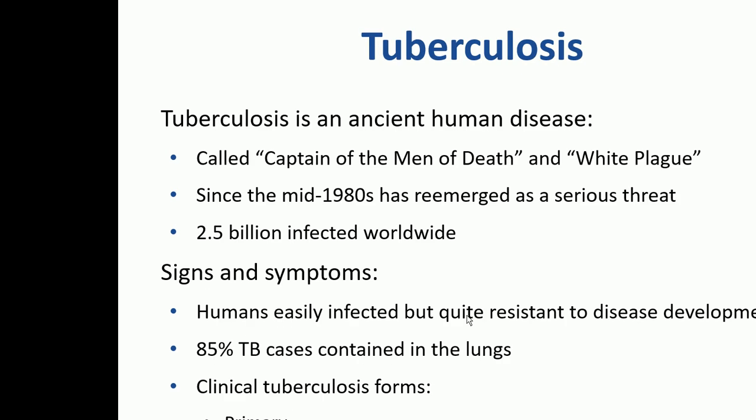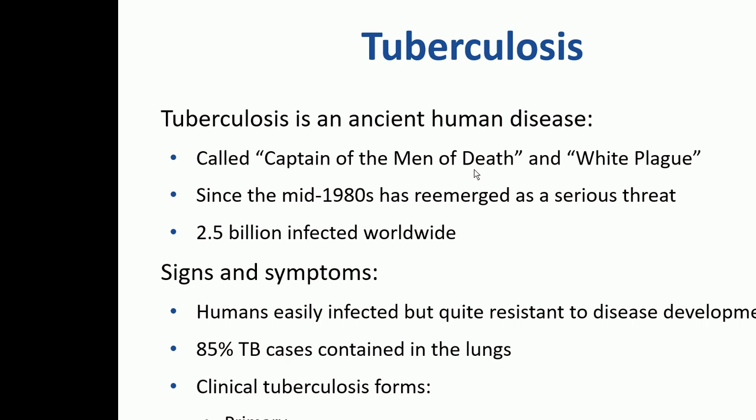Okay. Next disease is tuberculosis, and this week there is a case study also on tuberculosis. So tuberculosis basically infects our lungs, but it can go out of the lungs also.